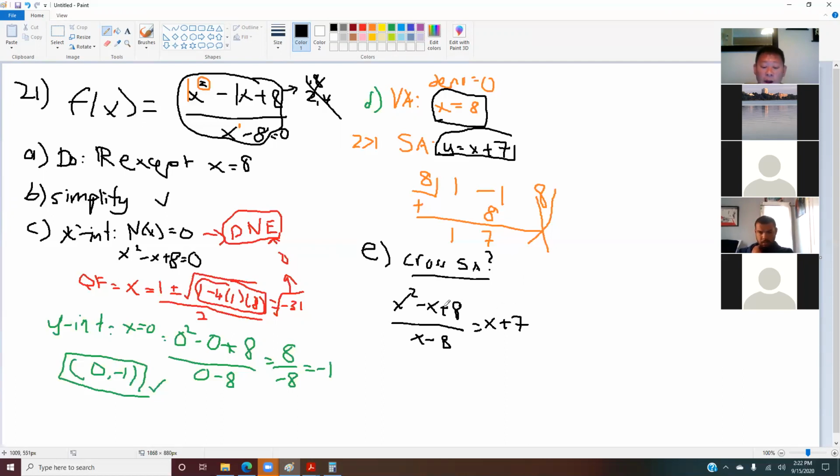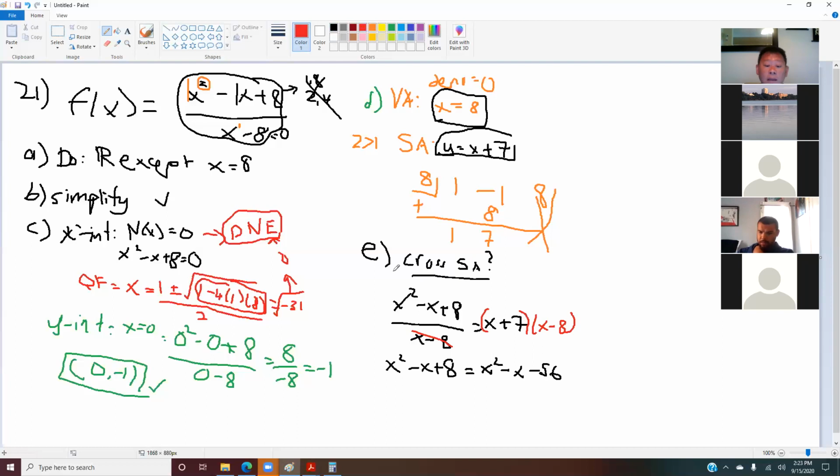So you take the original function equal to the slant asymptote, and then I multiply the x minus 8 to this side. So what you have in this case is x squared minus x plus 8. For this side, you will get x squared minus x minus 56.